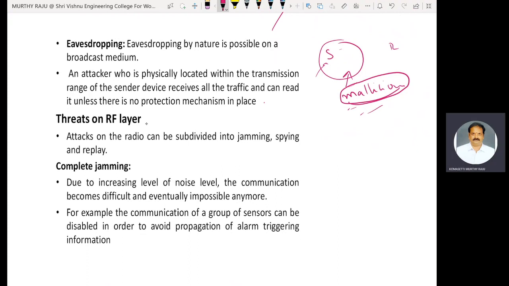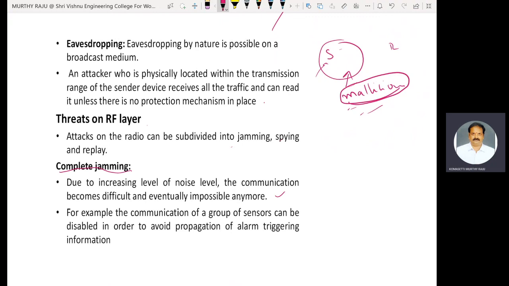Next, threats on the radio frequency layer. Attacks on the radio can be subdivided into jamming, spying, and replay. Complete jamming: due to an increasing level of noise, communication becomes difficult and eventually impossible.